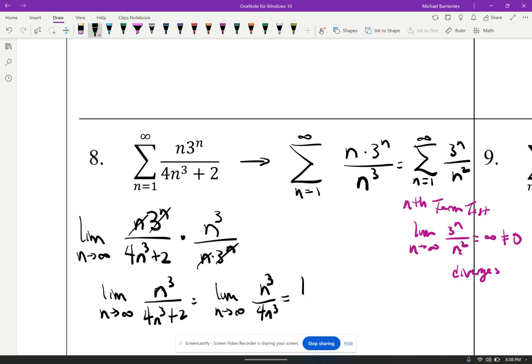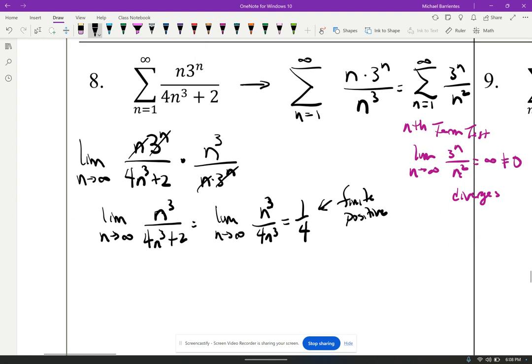The n to the thirds are going to cancel, and I'm left with 1/4. 1/4 is finite and positive. That means the limit comparison test can be used. So whatever the new series did, it diverged, is what the original series is going to do.